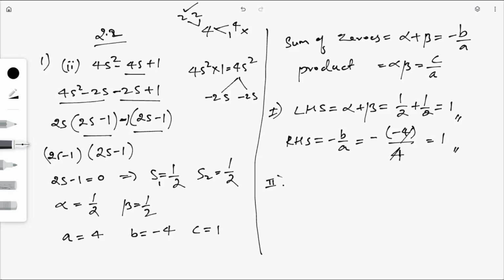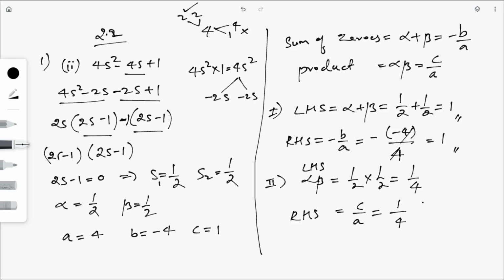Second case, product, that is alpha into beta. LHS is alpha into beta, that is 1 by 2 into 1 by 2, so we will get 1 by 4. Next, what is your RHS? C by a. C here is 1 and a is 4. Again LHS is equal to RHS.